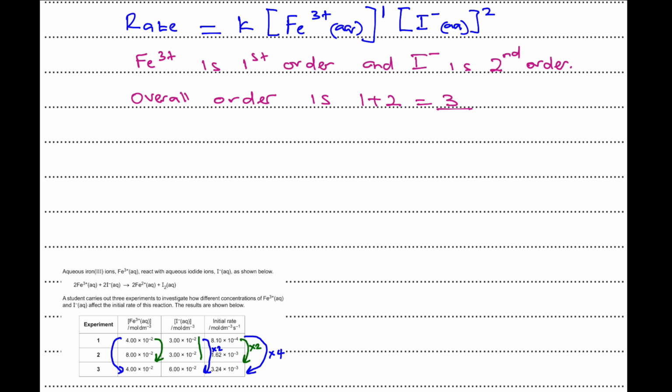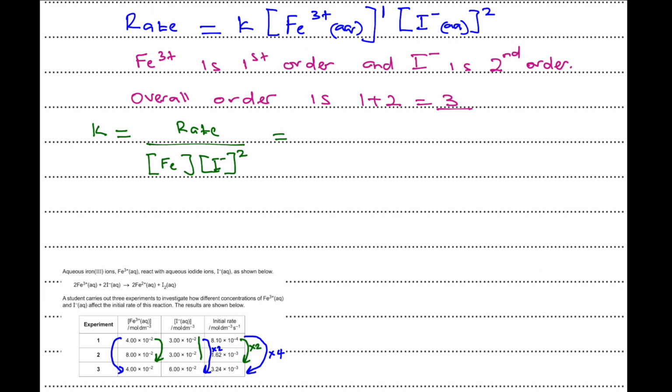To find the value of k, k will be equal to the rate over the iron concentration and the iodide concentration to the power 2.